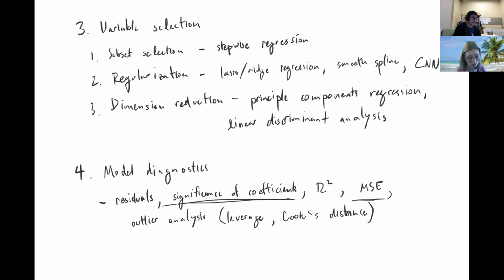If I'm really concerned with inference, and I may have a reasonable number of variables, then that's where you might care about doing a stepwise or a lasso or ridge regression.